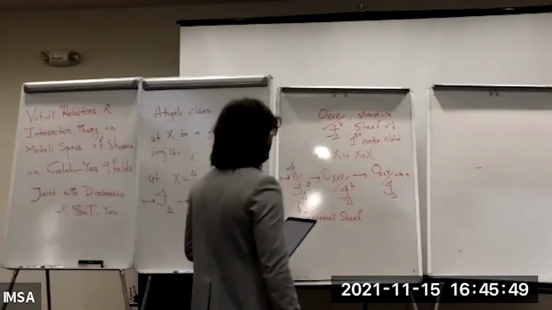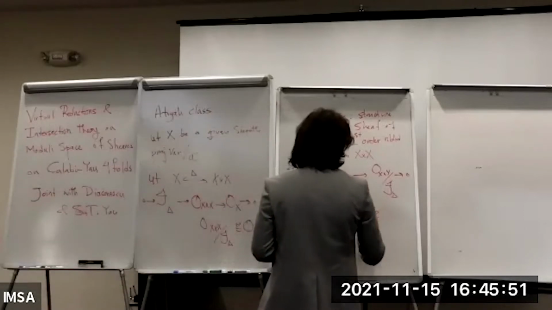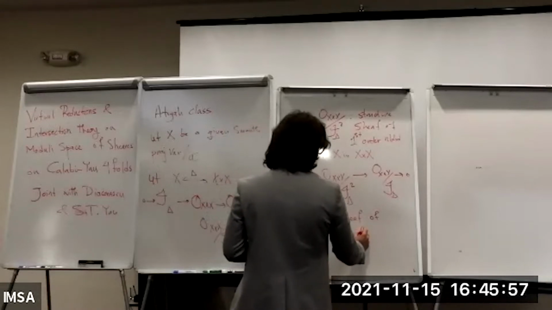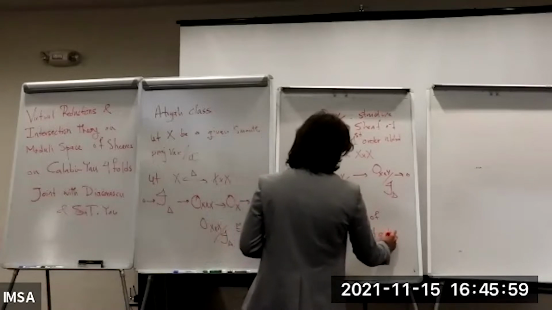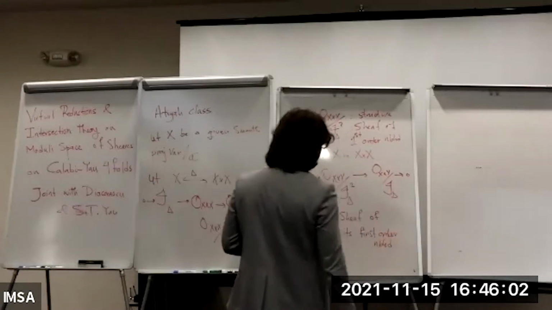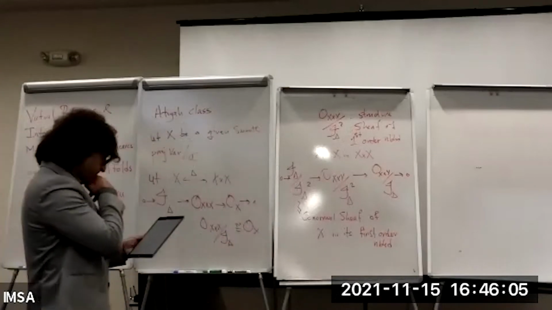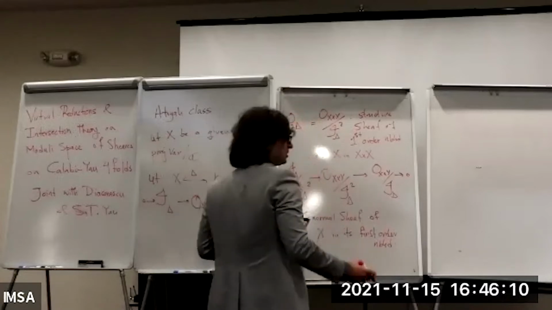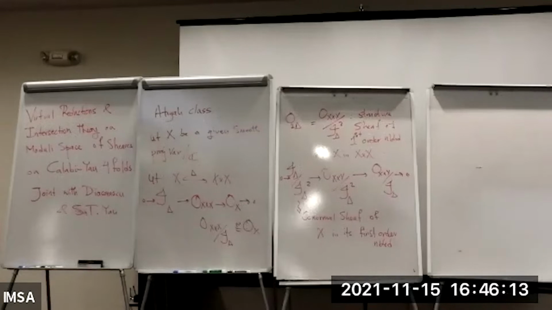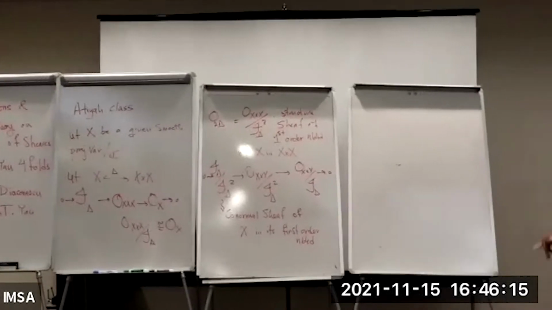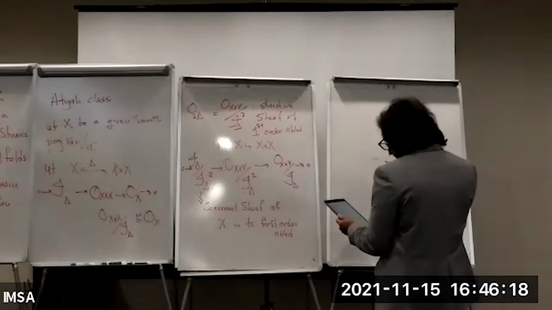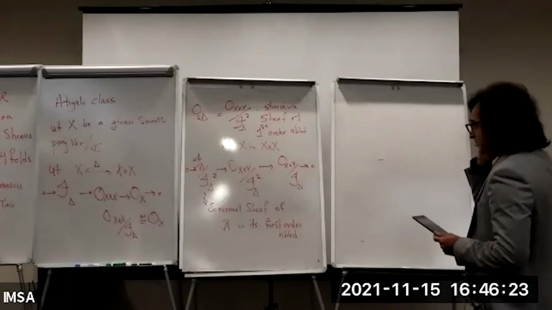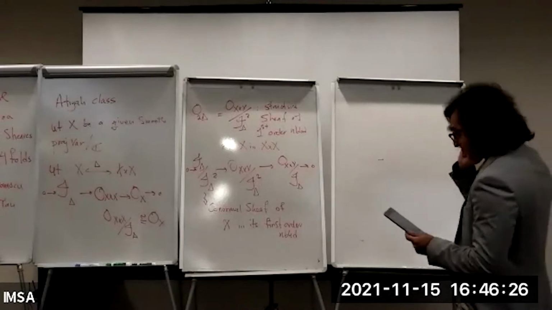So generally speaking, it's the conormal sheaf of X in its first order neighborhood. Sometimes notationally this is called O of 2 delta, because it's the order 2 neighborhood of the diagonal delta of X in X cross X. Okay, so I'm going to use this very easy canonical short exact sequence to construct the Atiyah class of X.